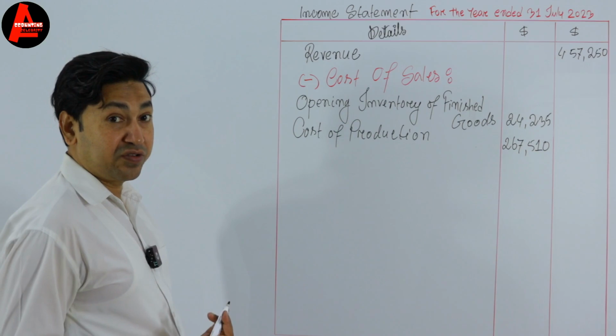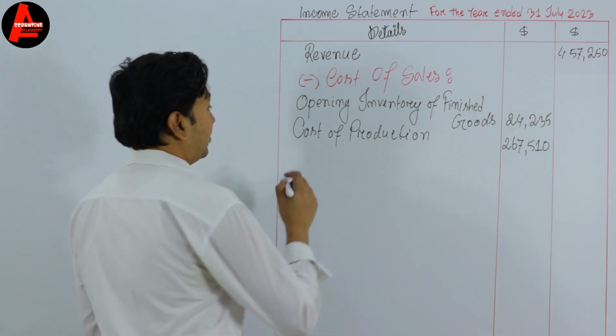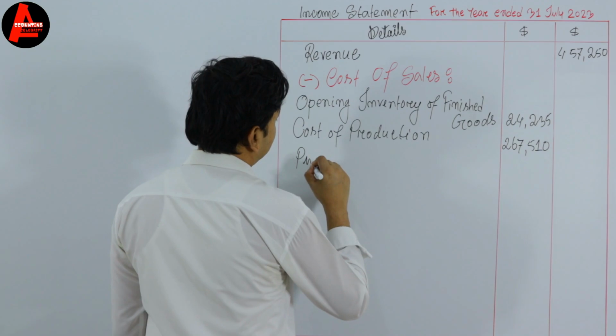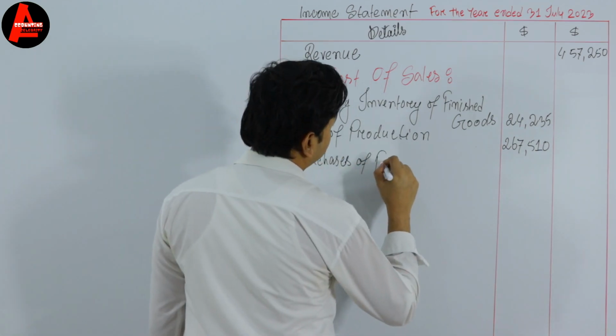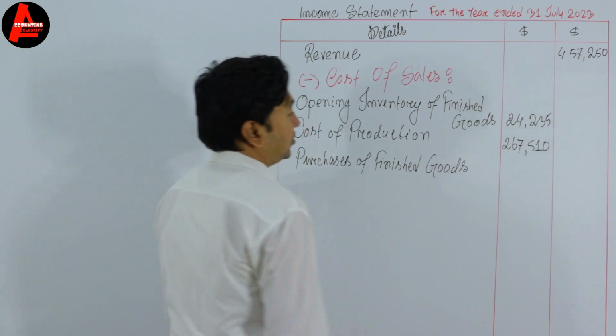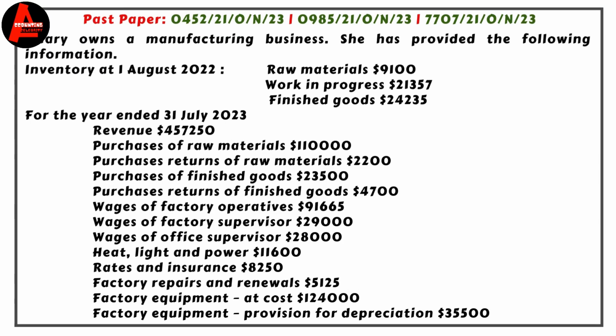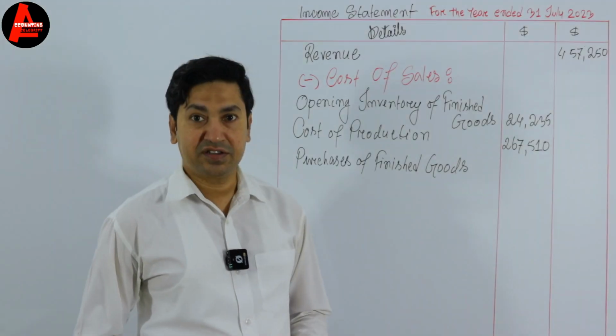Then we need to write the purchases of finished goods. It is given in the question. Here we see purchases of raw materials, which is taken, and purchase returns of raw materials, which is also taken. Then purchases of finished goods is $23,500. Just after this item we have one more, purchase returns of finished goods, $4,700.